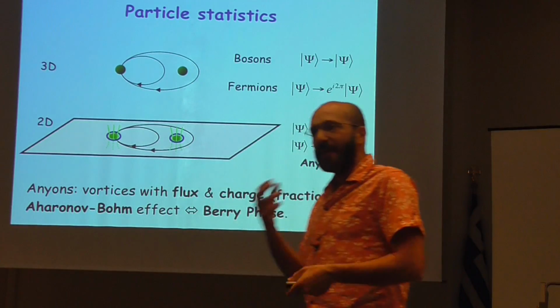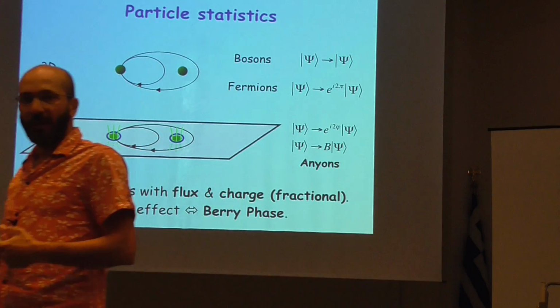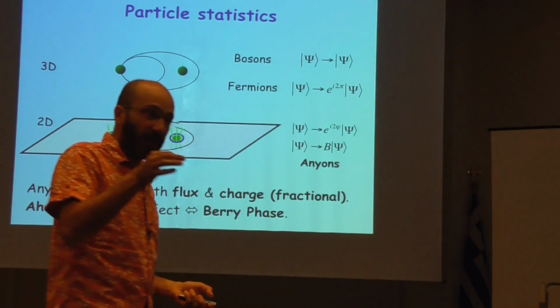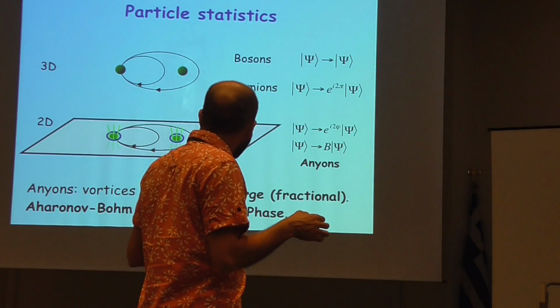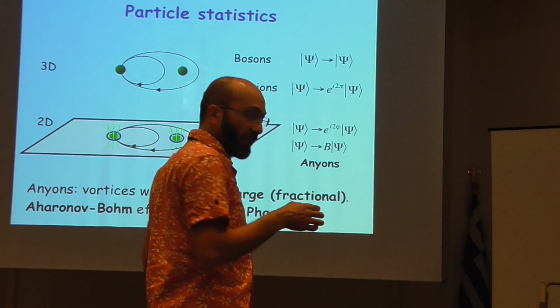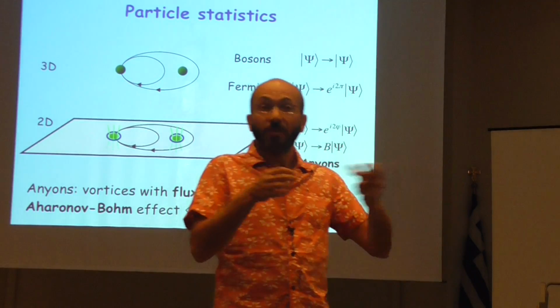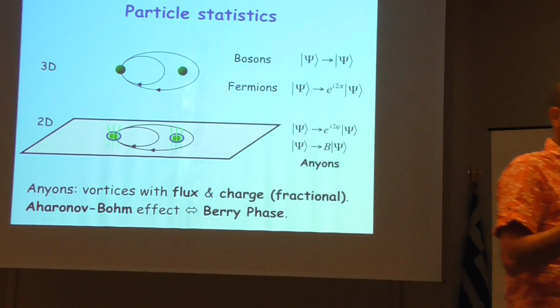In order to make sense of anyons that behave like that, we can interpret them quite faithfully as composite objects of localized flux at the position of the anyons, and a ring of charge going around it. And in that case, when I'm circulating one anyon around the other, the charge of one goes around the flux of the other, so the Aharonov-Bohm effect will give you a certain phase.